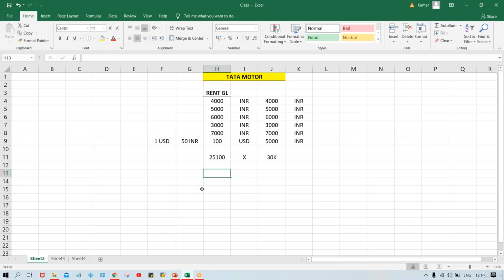Now I said, which rate do we have to specify? Say, for example, I'll quote an example as a person. Let's suppose I'm in India and I have to visit the USA. Right now I'm having Indian currency in my pocket.